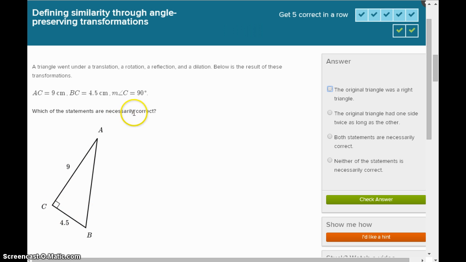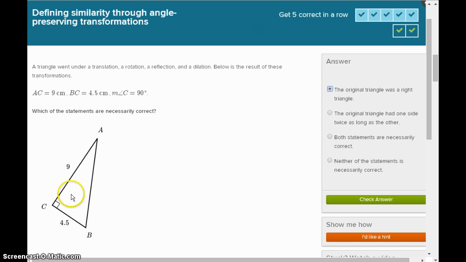So which of the statements are necessarily correct? The original triangle was a right triangle. Well, this one is, and similarity transformations preserve angle measures, so the original triangle had to be a right triangle. It says the original triangle had one side twice as long as the other. Ah, that's important. Look at the ratio here: 9 is to 4.5. That's twice as long.